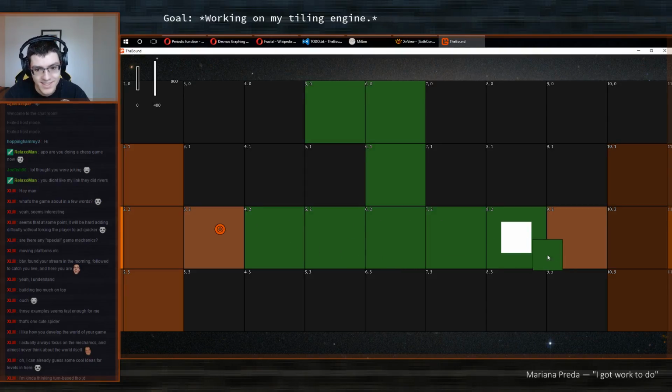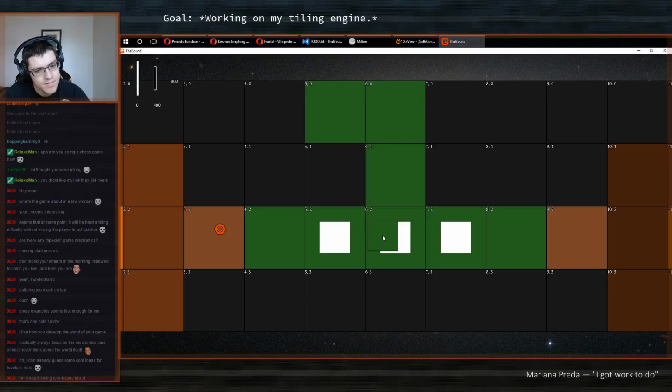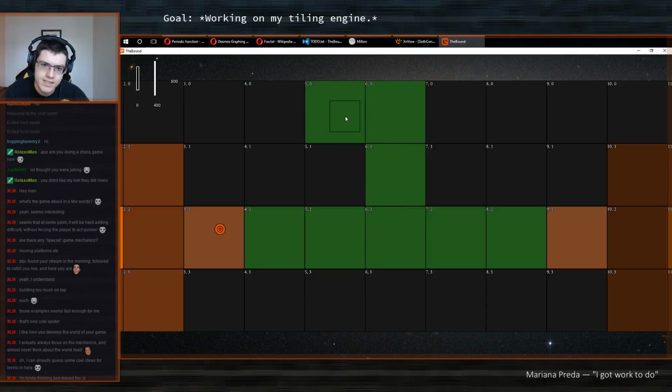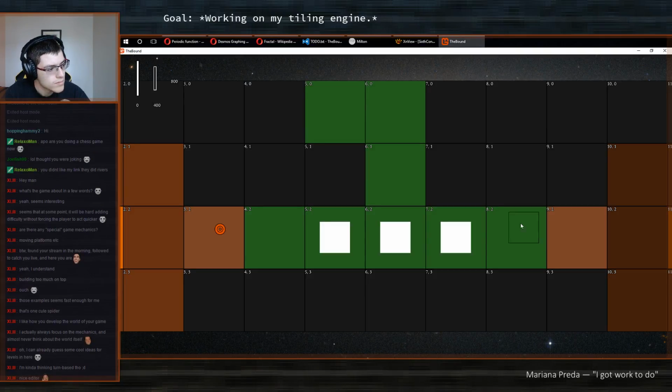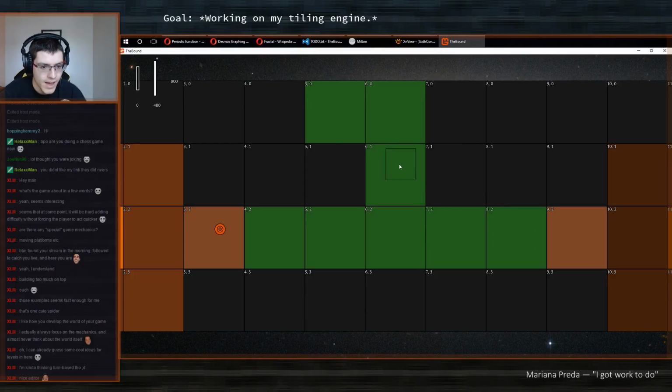Turn base. How do I make a nice and cool level? Yeah, I wanted an editor that I can just use from within the game.